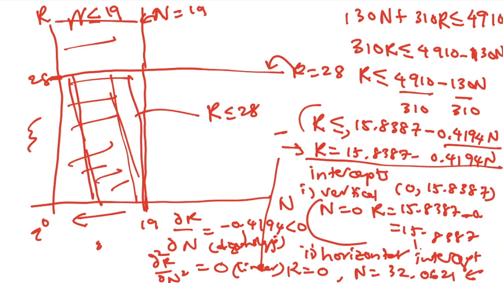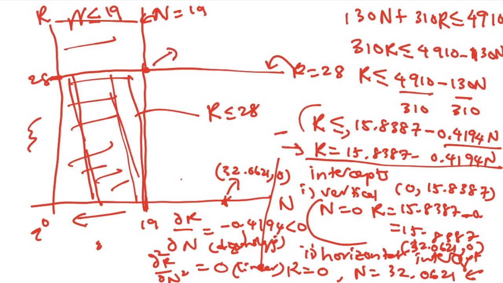Now, you have the vertical and horizontal intercepts. The horizontal intercept is 32.0621, 0 for the coordinate. So 32 is here.